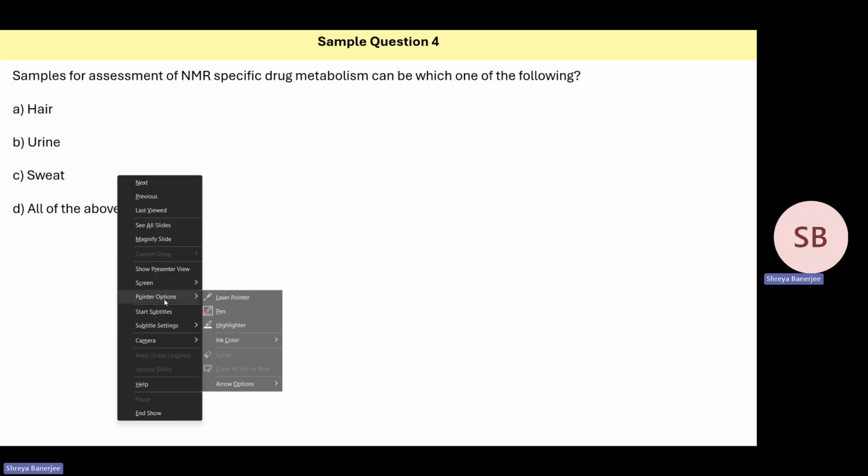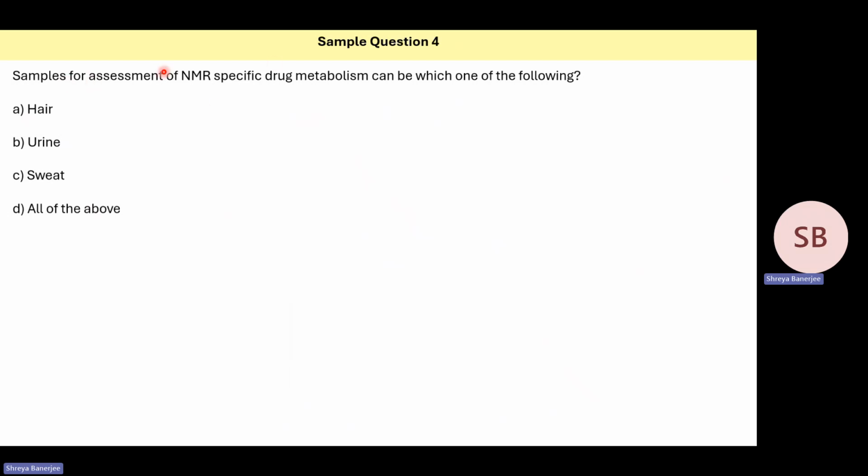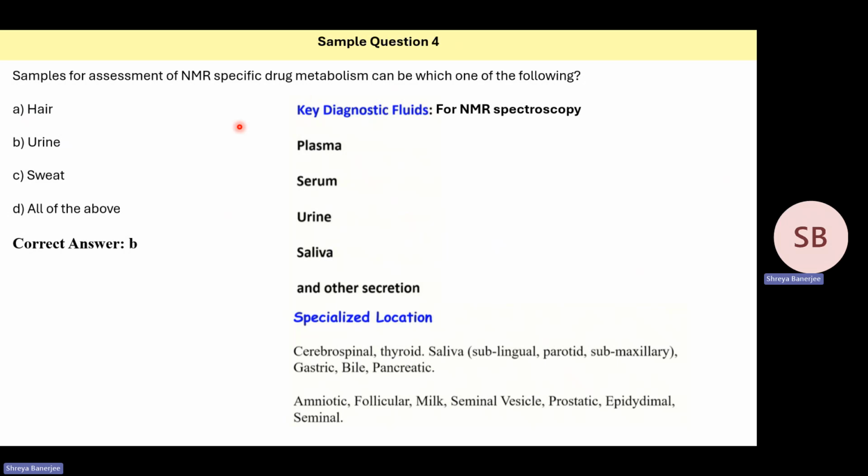Then you have a question asking that for samples for assessment of NMR-specific drug metabolism, which of the following can be used? We know that normally for the key diagnostic fluids, either plasma, serum, urine, or saliva is used. And for other specialized locations, you can use things like cerebrospinal fluid, pancreatic fluid, and so on.